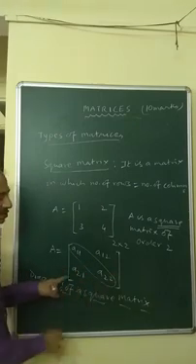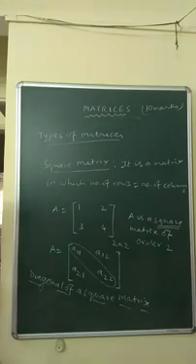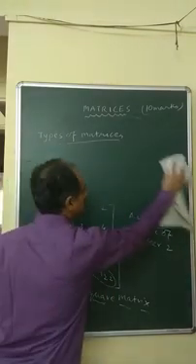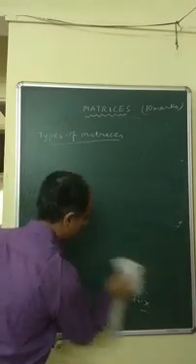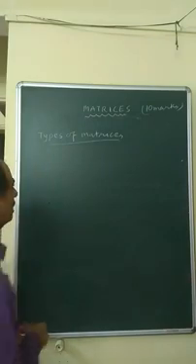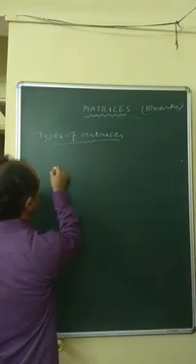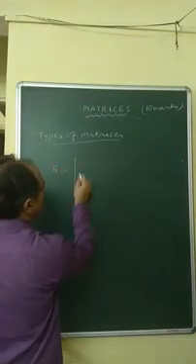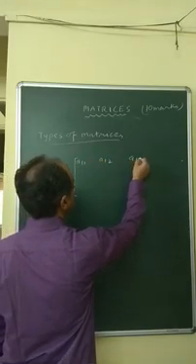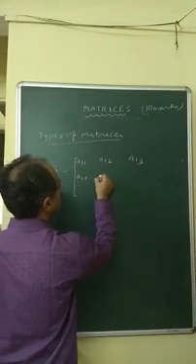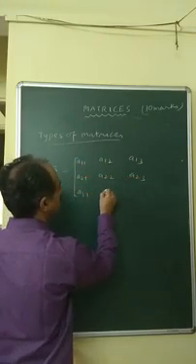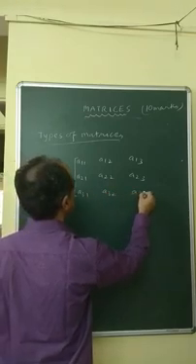Now when you write a square matrix of order 3, let us suppose this is B: A11, A12, A13, A21, A22, A23, A31, A32, A33.